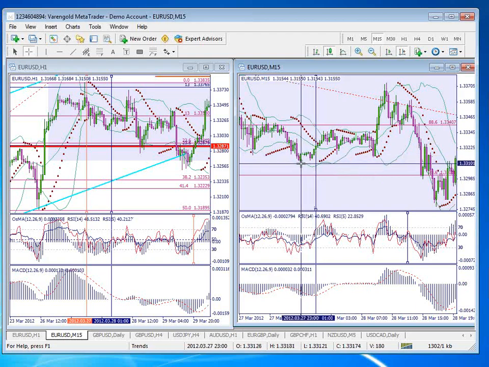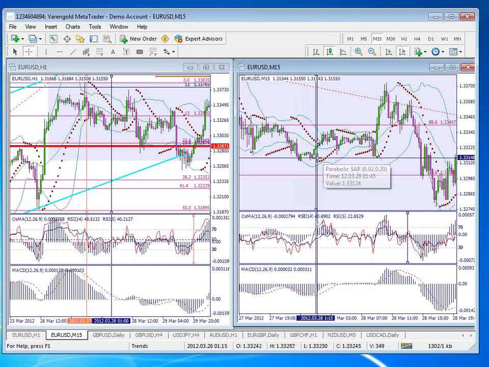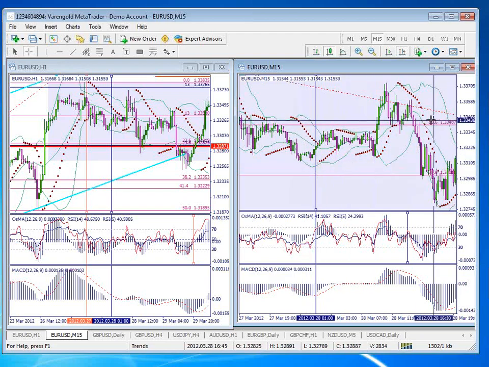I will put the stop loss under the last candles, and my target will be the next Fibonacci level that I have here, so about 20 pips. Here, the pair touched the superior Bollinger Band, and I received the signal that I will have one opposite movement.